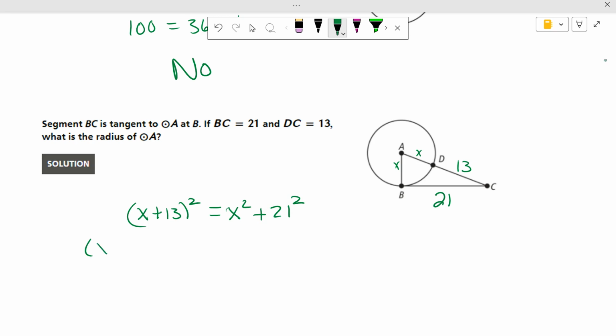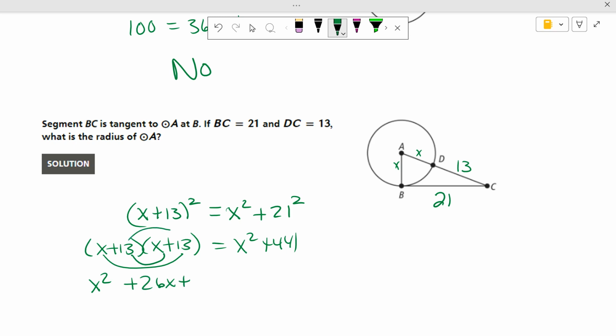To square this out, you take x plus 13 times x plus 13. Well, x times x is x squared. Outers is 13x. Inners is 13x. What's 13x plus 13x? 26x plus, and then last times last is 169.